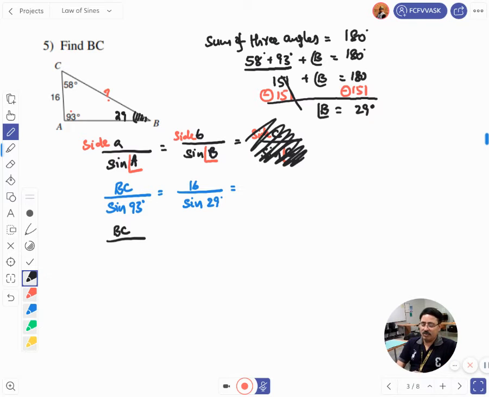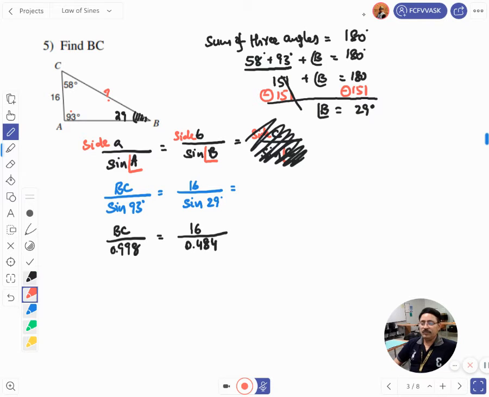Make use of calculator. Sine 93. That gives you 0.998 equals to 16 over sine 29. What is sine 29? That is 0.484.